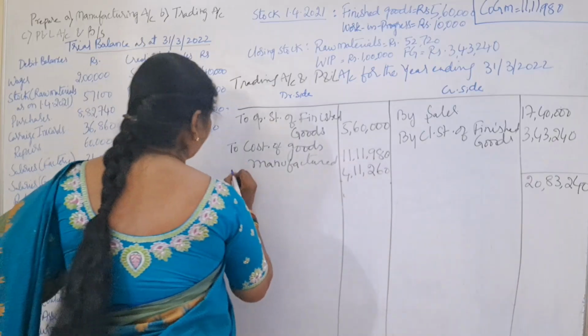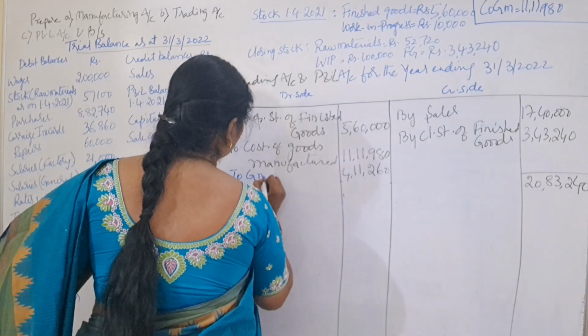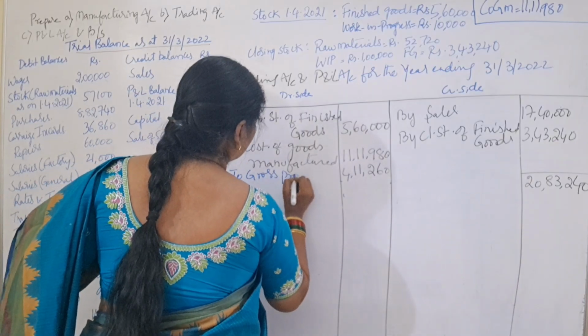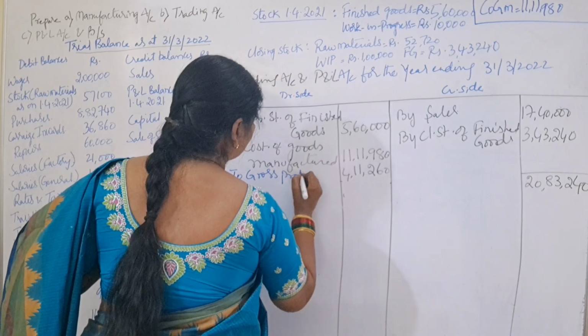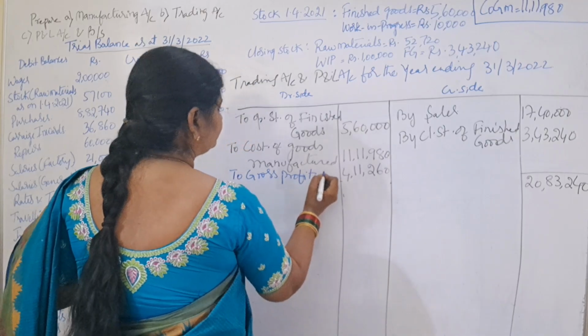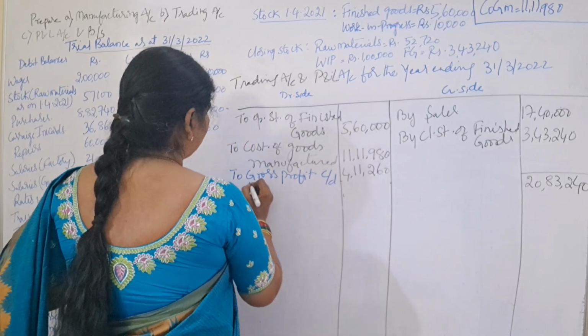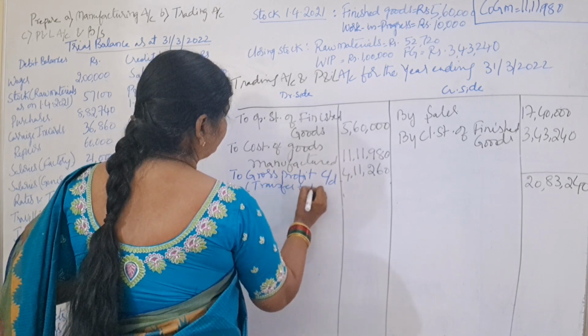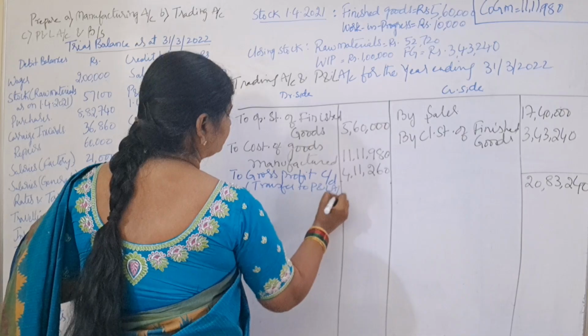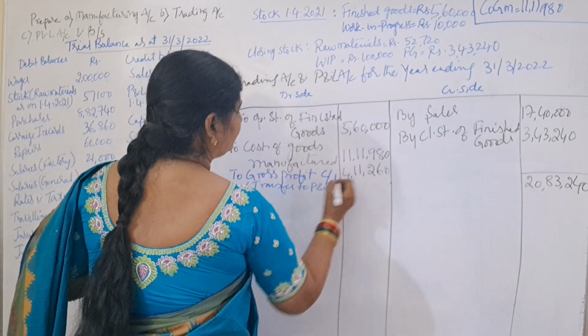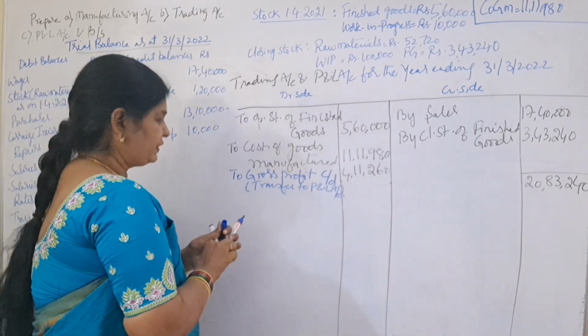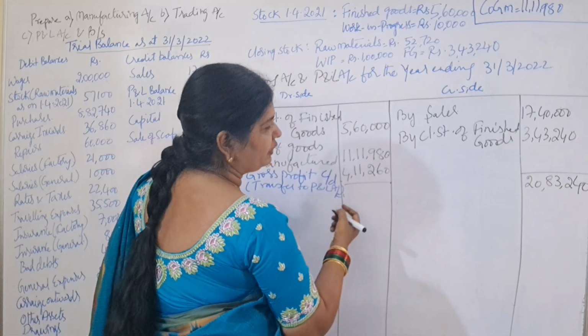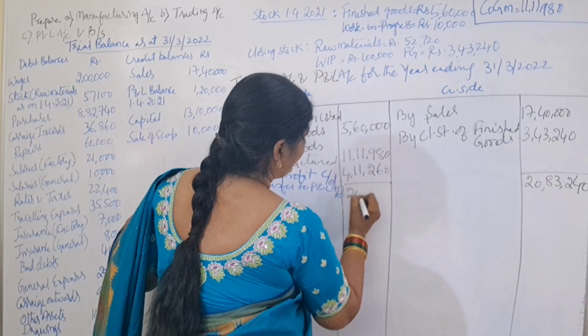So to gross profit carried down, meaning transferred to P&L account, is 4 lakhs 11,260. Now we'll make the total of the debit side also.